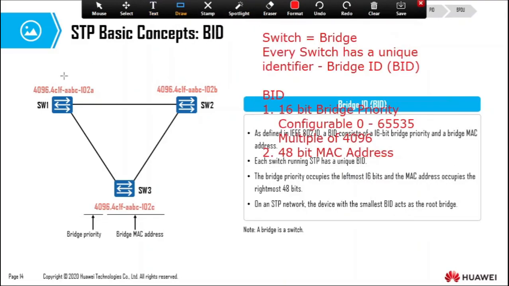This is the bridge ID. The first part here, before the dot, is the bridge priority, 4096. Then this part is the MAC address of that particular switch. So that is what we are seeing here.